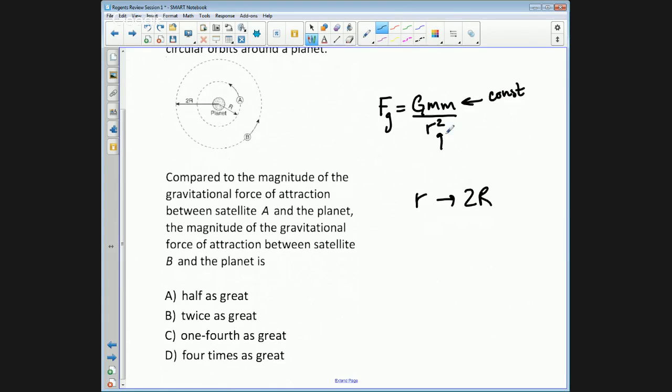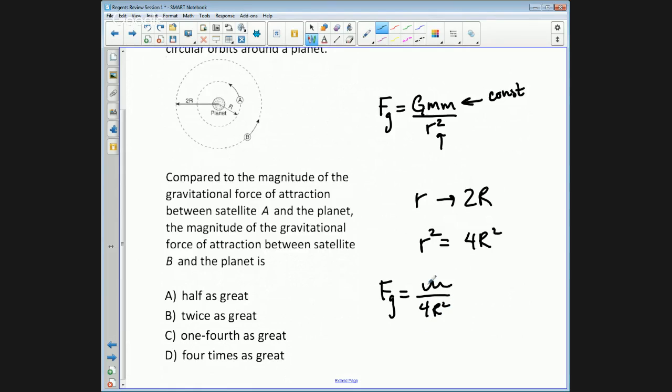And because the denominator is squared, r squared becomes 4r squared. Okay? So this is on the denominator. So if we rewrite the equation, we get Fg equals a whole bunch of constants divided by 4r squared.